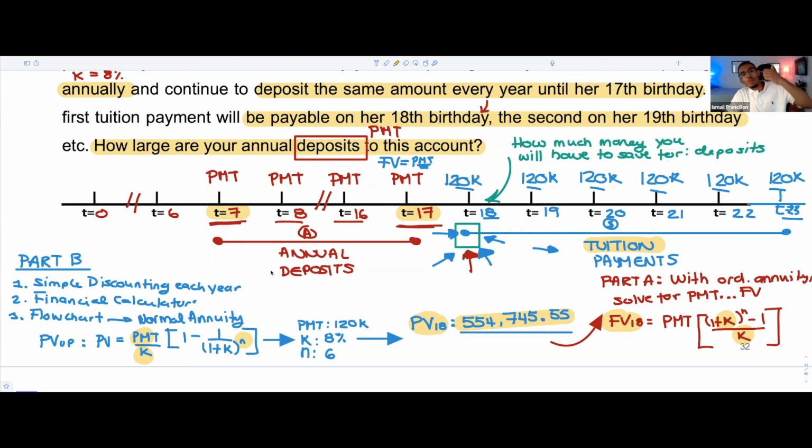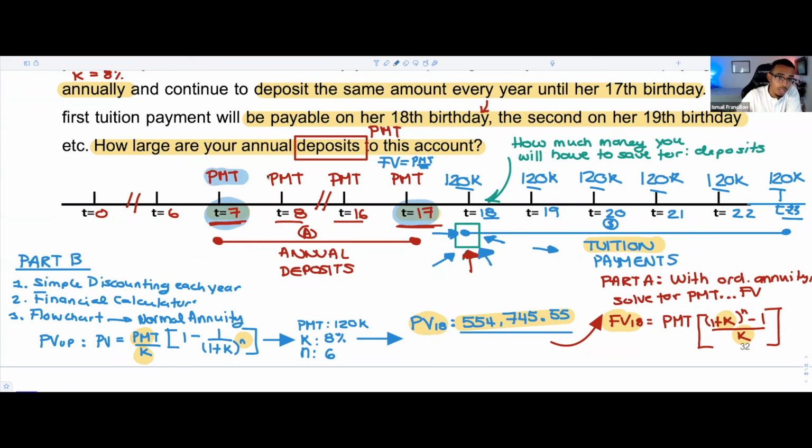So if we do a payment at year 7, year 8, year 9, year 10, year 11, year 12, 13, 14, 15, 16, and then 17, we have 11 payments. So our N would not be 10 because our payments begin, once again, right here at T7 all the way to T17.